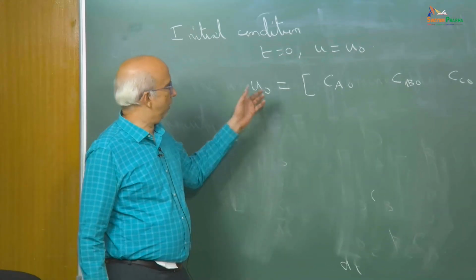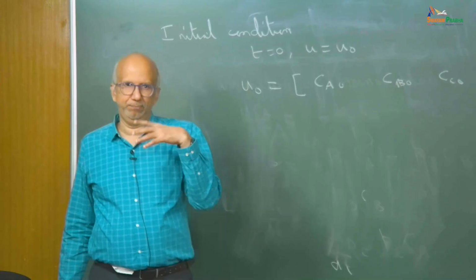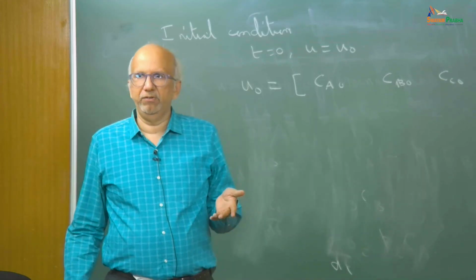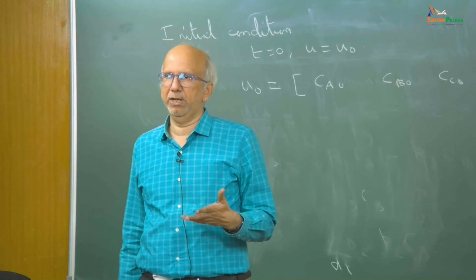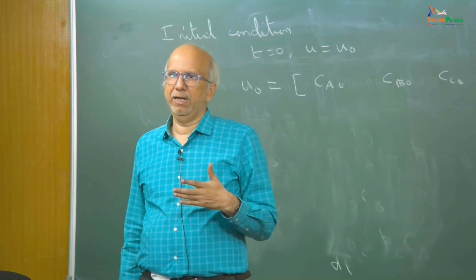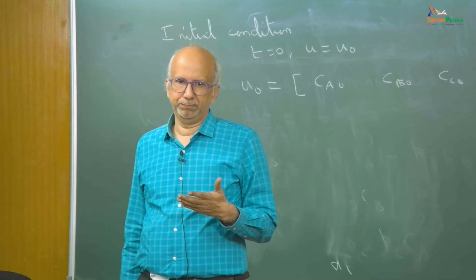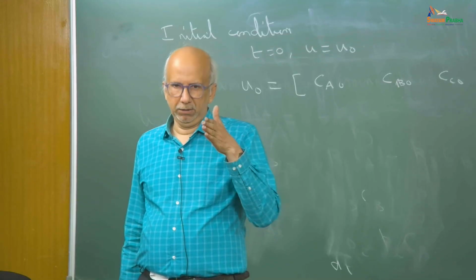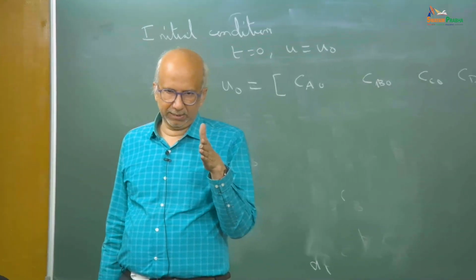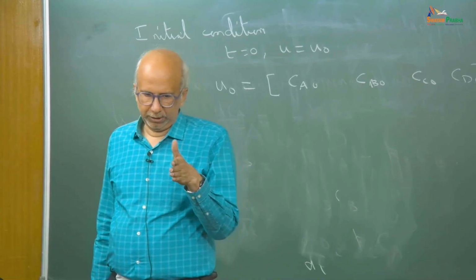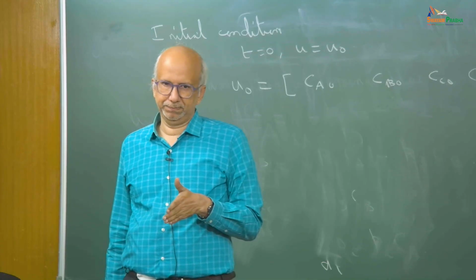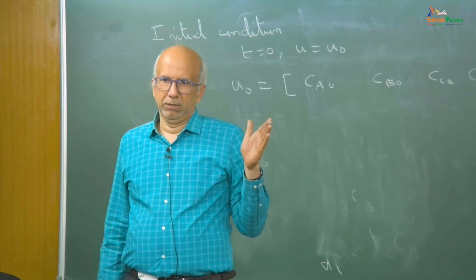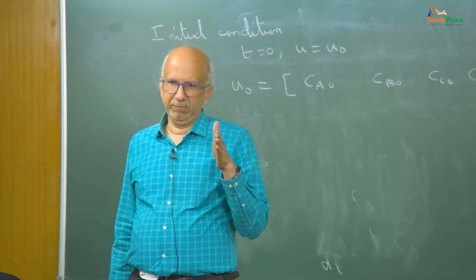Now we call this the initial condition because most of the time when we are talking about dynamics simulations, your independent variable will be time, and you know what the conditions are at time t equal to 0, and you are trying to understand what is going to happen at later time instances. So initial condition means at time t equal to 0.